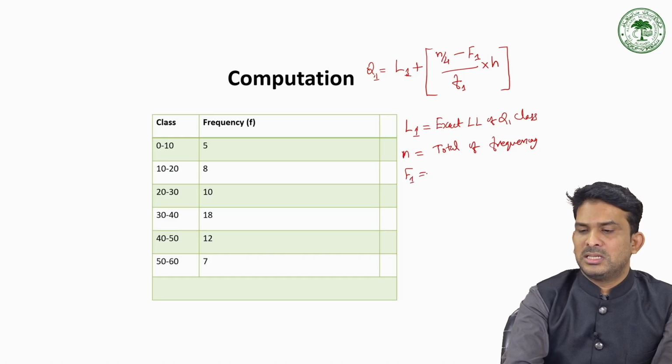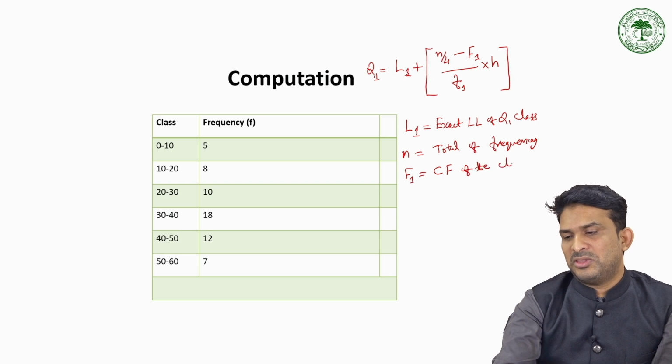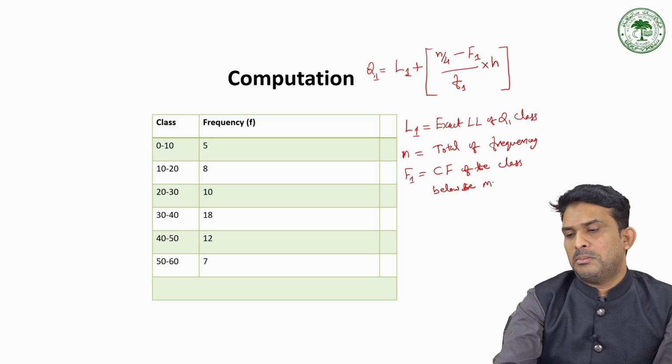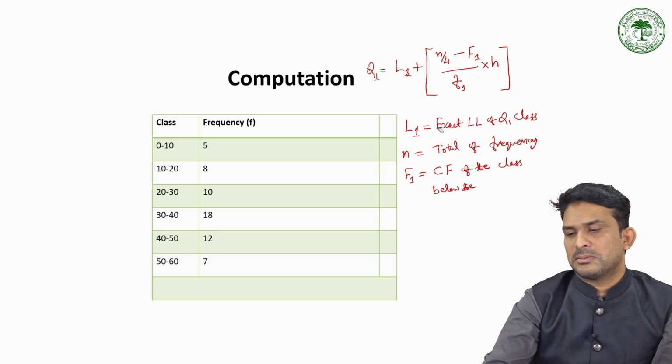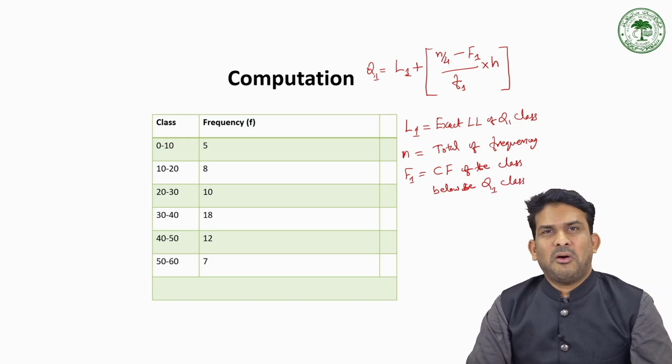Capital F1 is always cumulative frequency, the cumulative frequency of the class below or preceding the Q1 class.